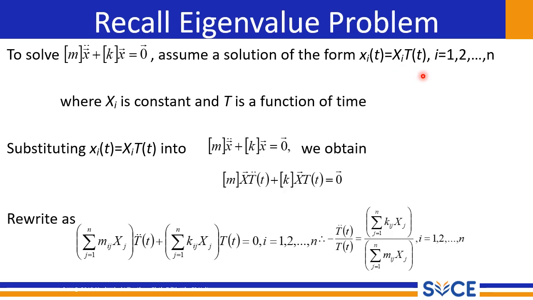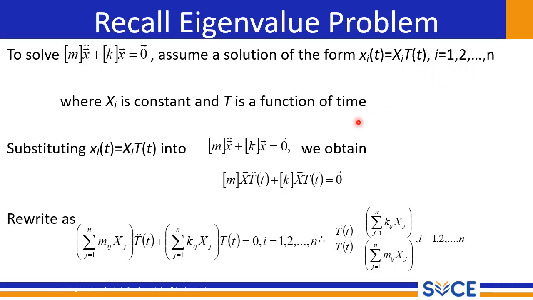In other words, x i of t equal to X i T of t, where i ranges from 1 to n, representing the degrees of freedom of our system. For example, if the degree of freedom is 2, i will be 1, 2, while T of t encapsulates the time dependent behavior common to all components.